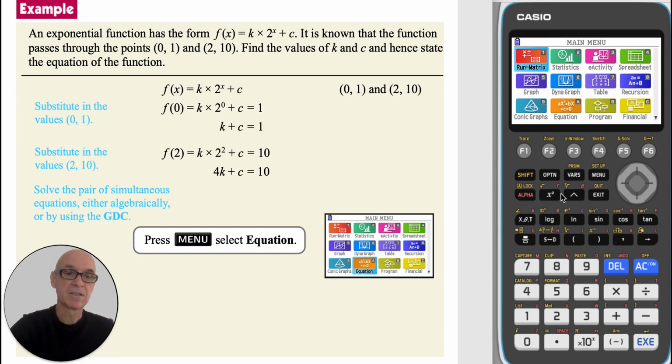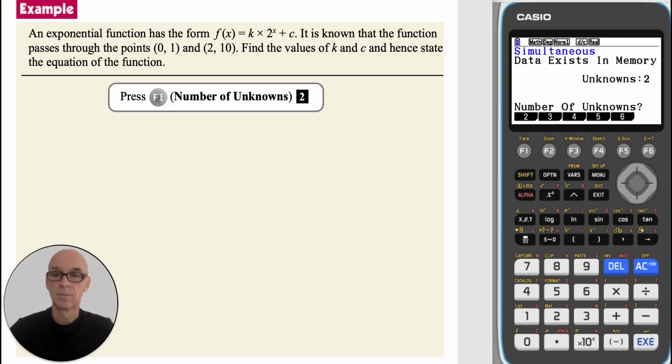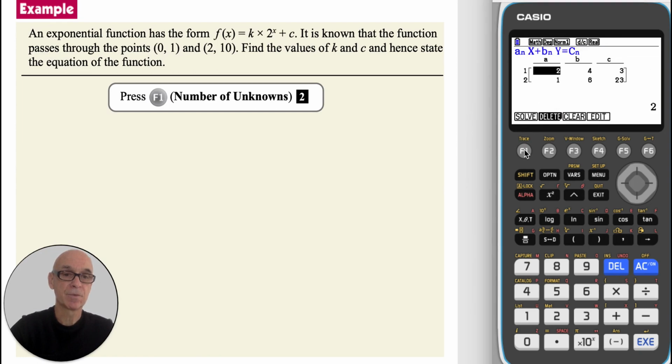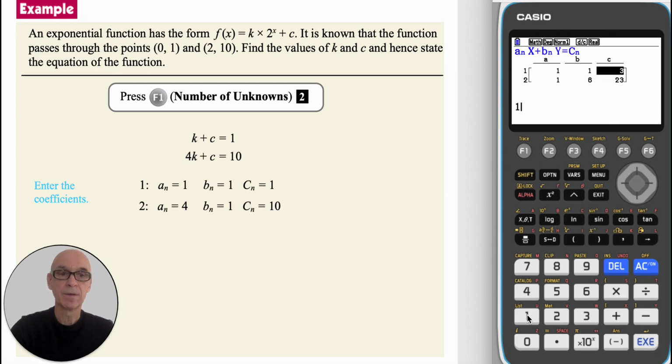On the calculator, from the main menu, if we select Equation and then press F1 for simultaneous. Pressing F1 again for two unknowns, k and c, we then need to enter the coefficients of the equations. So for the first equation, that's 1, 1, and 1.